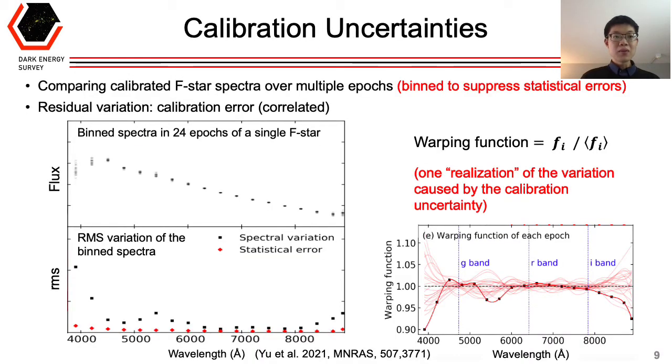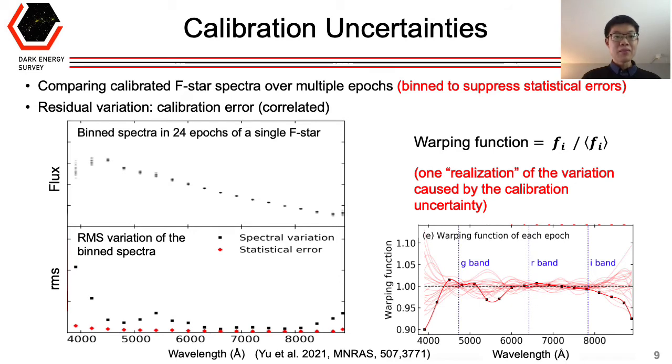It is also non-trivial to estimate the uncertainties from the calibration process. In my most recent paper, we developed a Monte Carlo framework to estimate the calibration uncertainties using the F-stars monitored in the same fields.